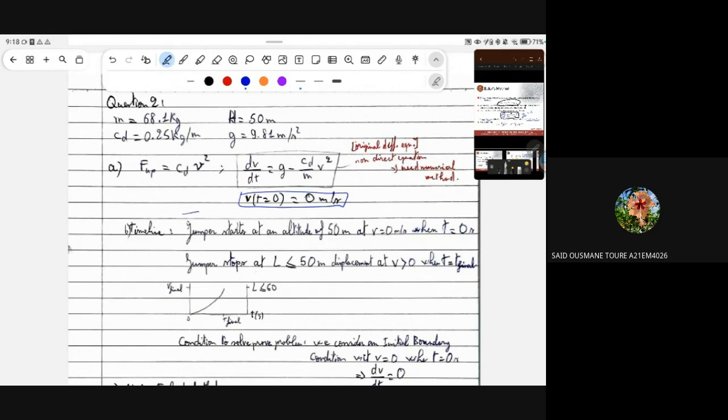For the timeline, the jumper starts at 50 meters high, and at that moment v equals 0 and t equals 0. Now the jumper has to stop at L lower than 50, because otherwise we don't want to say what happens. L is the displacement, it doesn't start from 50 and go to something; we consider it this way, as displacement.